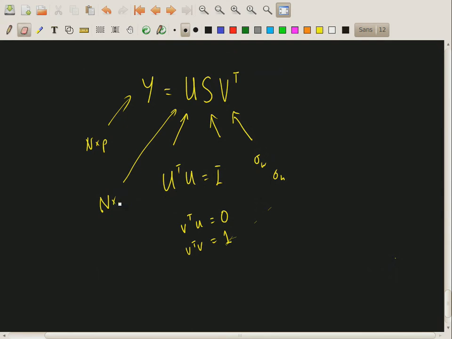Actually, I would rather do U is n by P, and S is P by P, and V is P by P. So U isn't necessarily square, but V is. I think you can do it the other way around as well, but I'm not certain about that. So that's called a singular value decomposition.